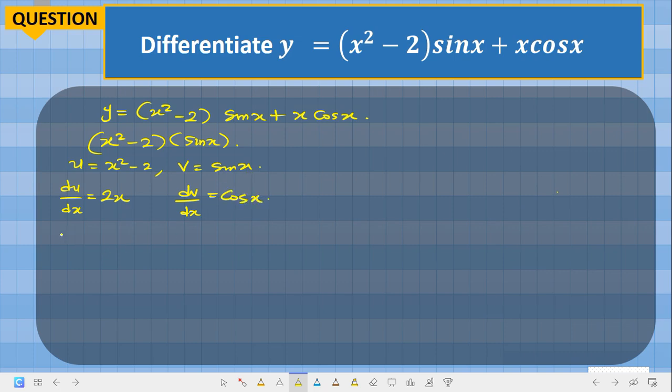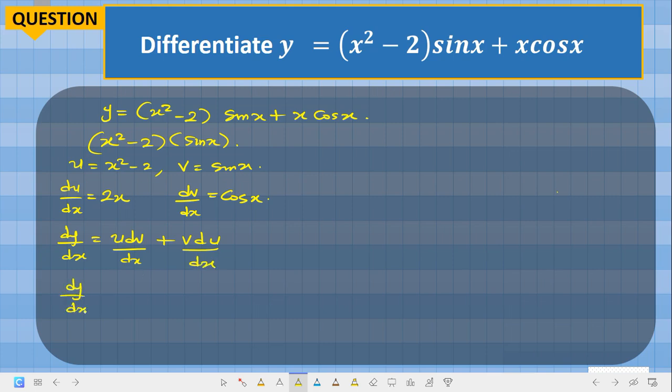Now the formula for dy/ds is u dv/ds plus v du/ds.